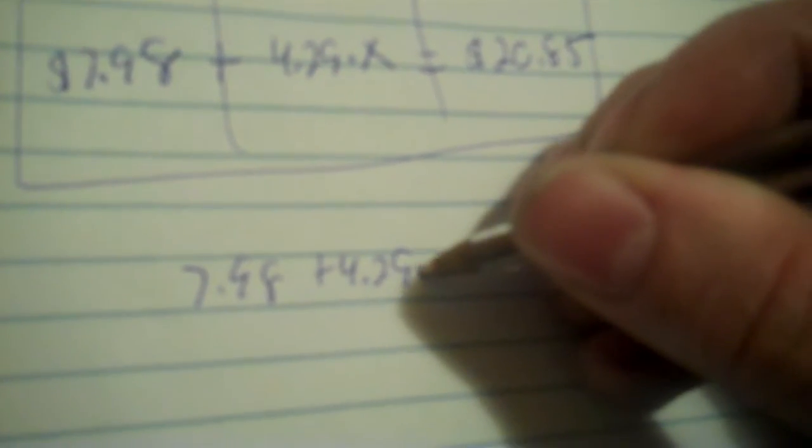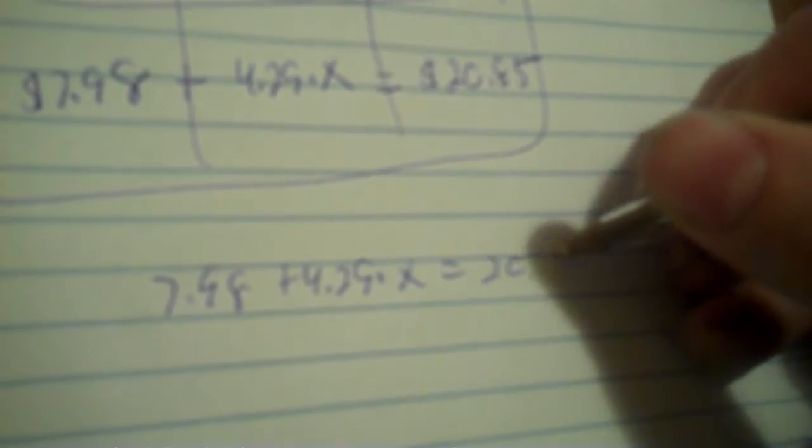Now we don't know how many Lucky Charms. We know they cost $4.29, so I write that as 4.29x, or 4.29 times x, it doesn't matter. I'm going to put the times x, that's fine. So 7.98 plus 4.29 times x equals 20.85. X by itself, heck no it's not, so I circle the times part.